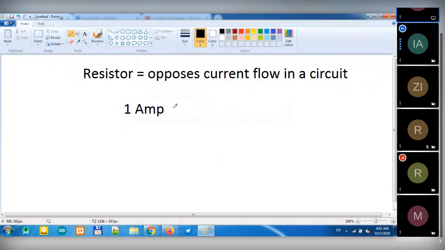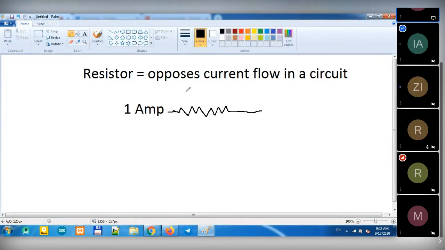This is the symbol of a resistor. I'm sure it's not very pretty, but you can get the idea. You have 1 amp and a resistor, and the output will be less than 1 amp.